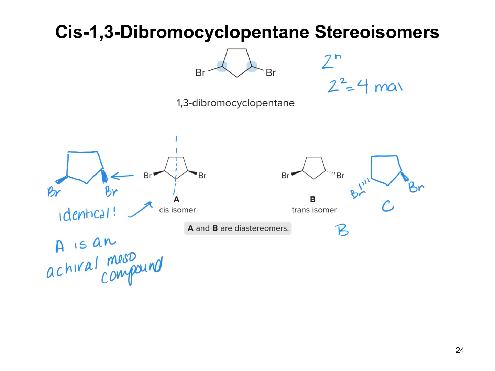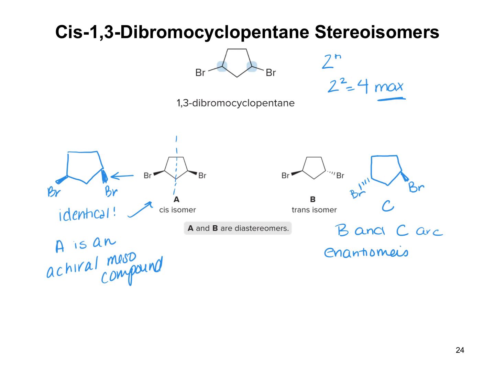So B and C are enantiomers. Right? So because one of the stereoisomers of 1,3-dibromocyclopentane is superimposable on its mirror image, similar to the previous example, we're only going to have 3 stereoisomers. So that's why we say that there's 4 as a max.